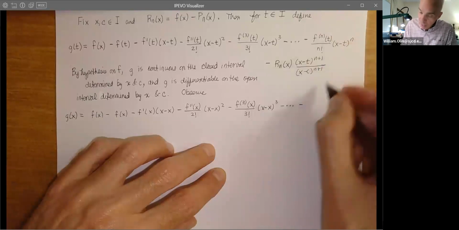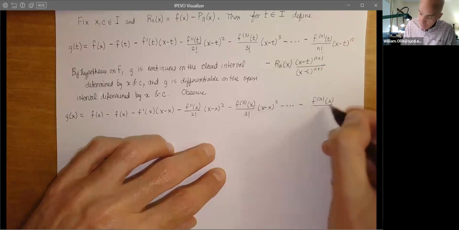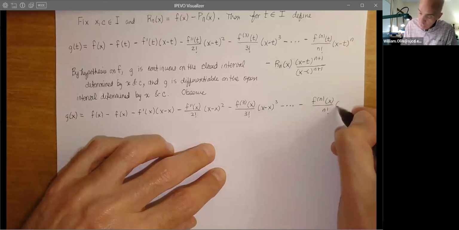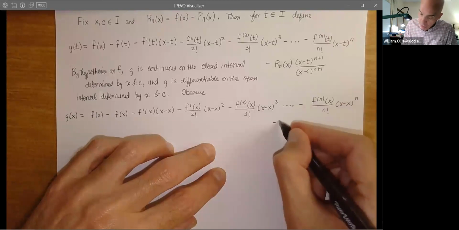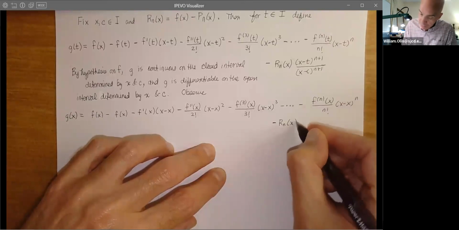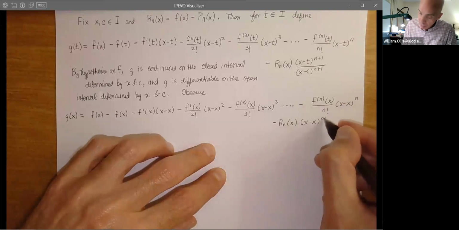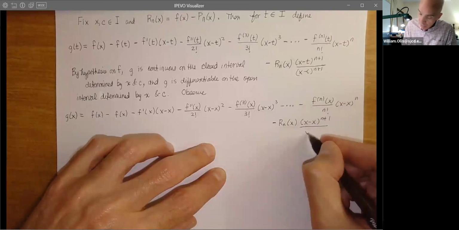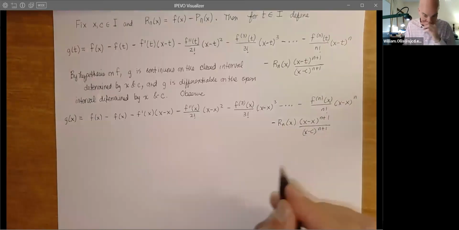Again, replace t with x, n factorial, and of course we have x minus x to the n, and then minus the remainder. So we get x minus x to the n plus 1 divided by x minus c to the n plus 1. So this is the easy one.